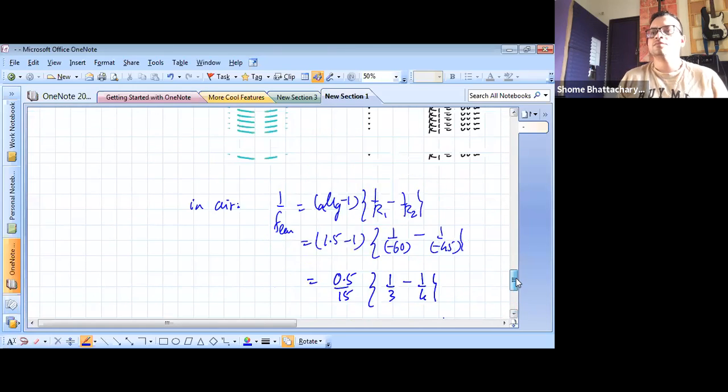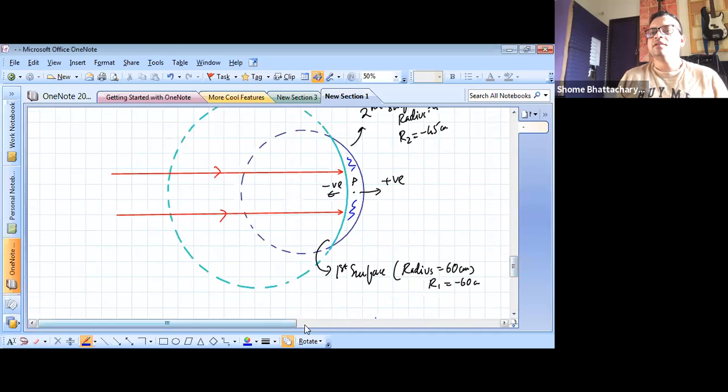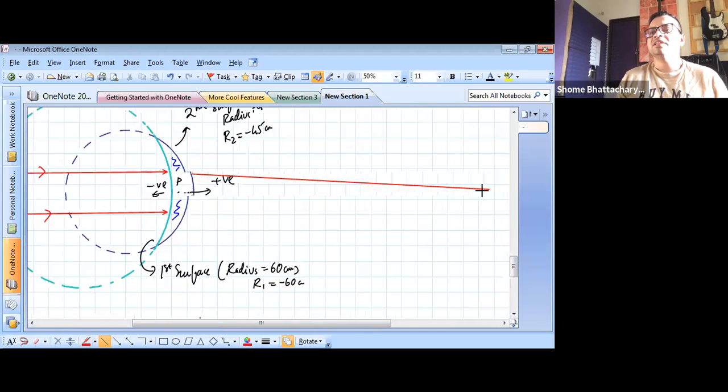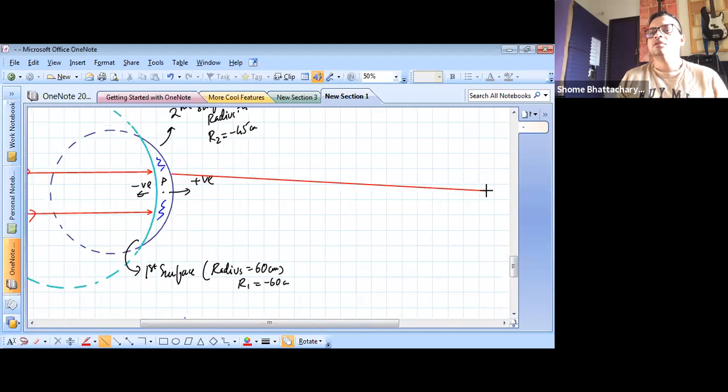Okay, so this light will now tend to bend like this. It will be a very distant image because 360 centimeters is very large in comparison. So I'm drawing a rough kind of diagram here. Somewhere there will be a focal length.